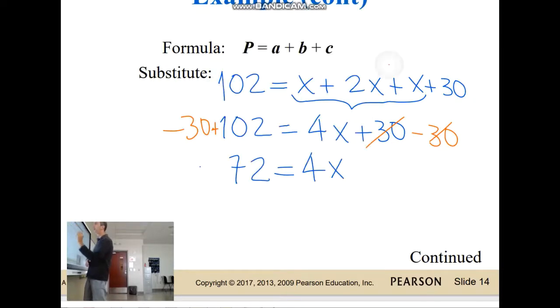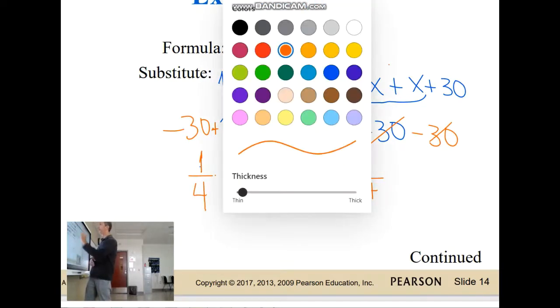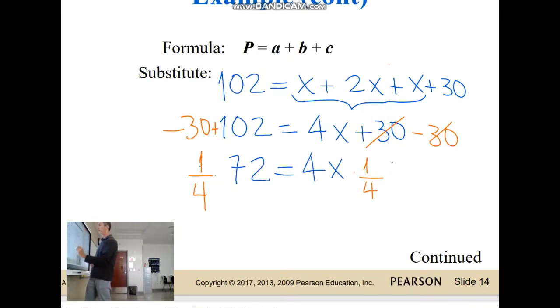Apply the multiplication property, multiply both sides by 1/4, and then you have x equals 72 divided by 4, which is 18.